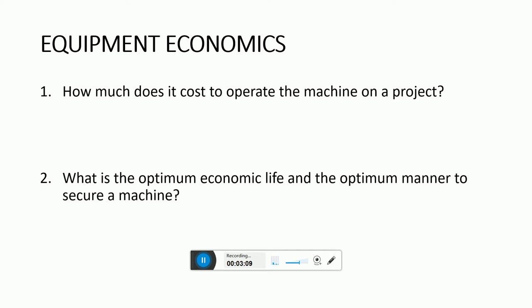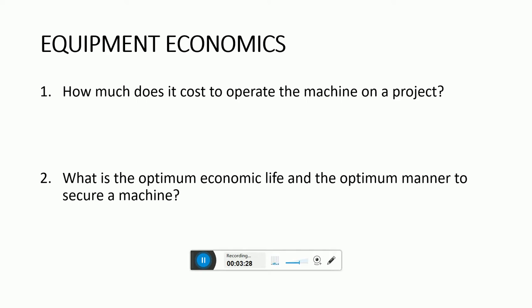The ownership and operating cost is usually expressed per machine operating hour, that is, how much it costs per hour, because it is used to calculate the cost per unit of machine production.